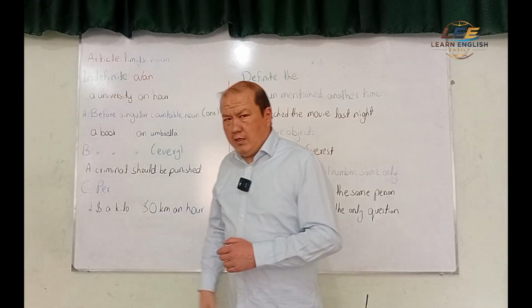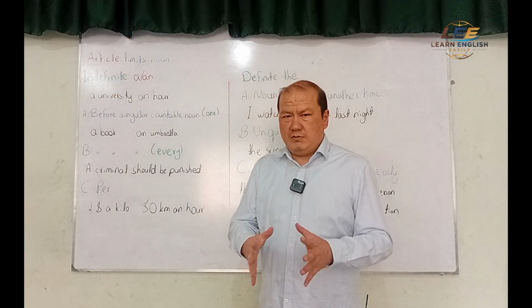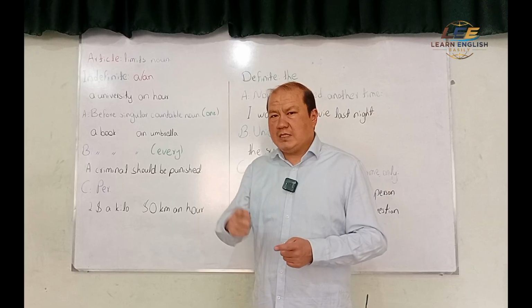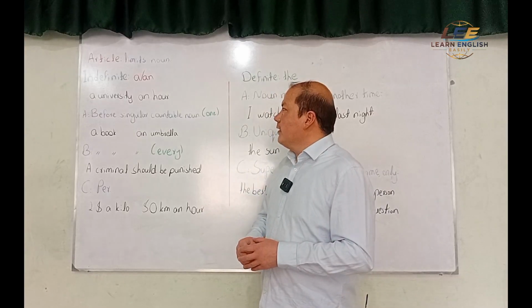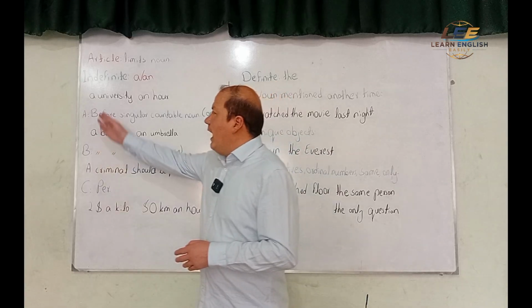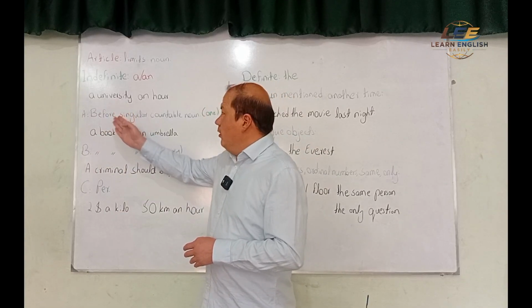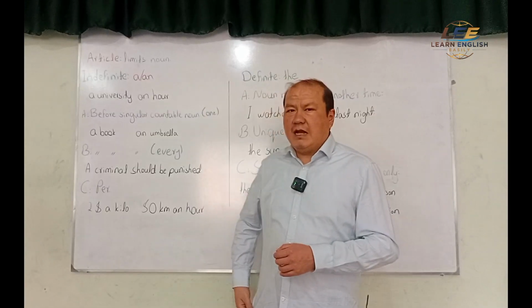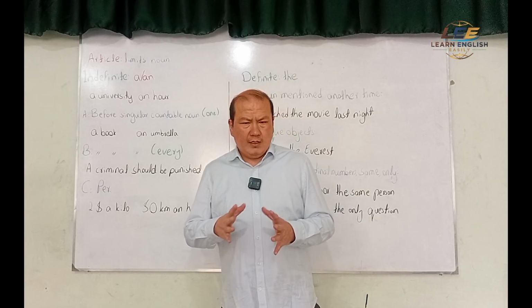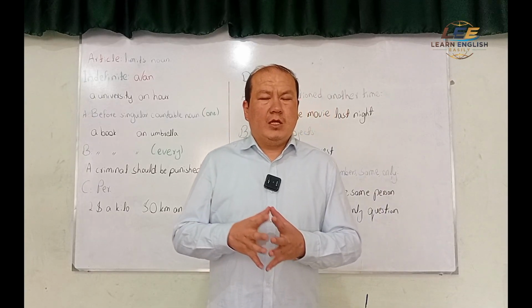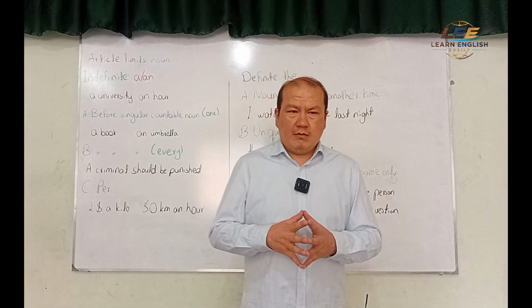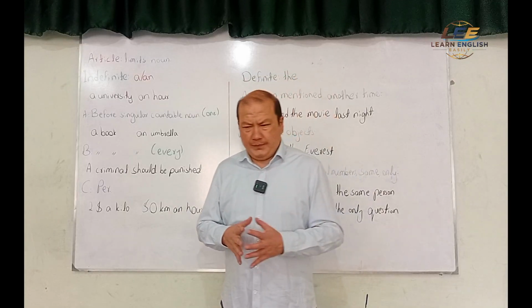Indefinite article itself means we have two indefinite articles. One is a and the other one is an. A and an. For example, I say a university, or I say an hour. There might be a question: when should we use a and when should we use an?